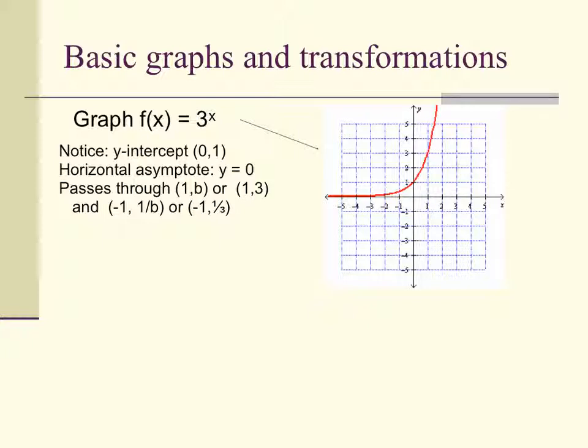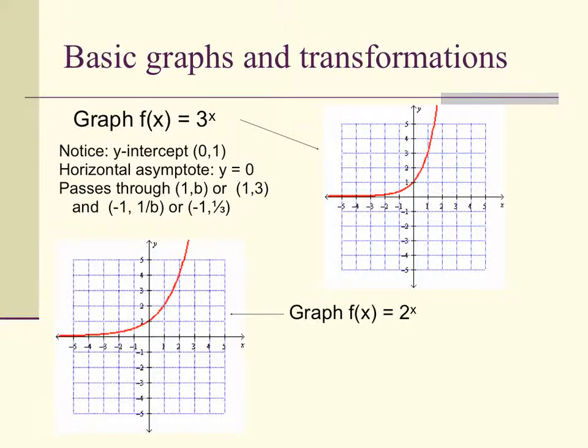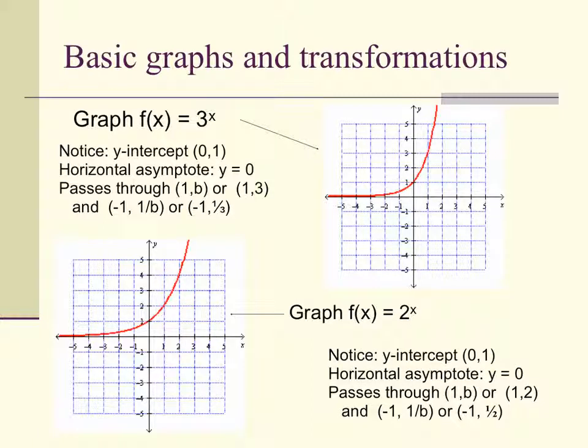And that gives you an idea of your curve, and it's a pretty quick and easy way to graph an exponential function. Looking at this one, 2 to the x, you have 0, 1 as a point, same horizontal asymptote, passes through 1, 2 because my base is 2, and negative 1, 1/2 because my base is 2.